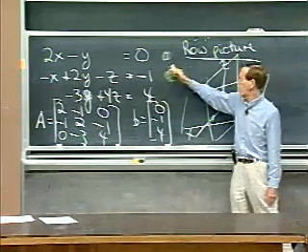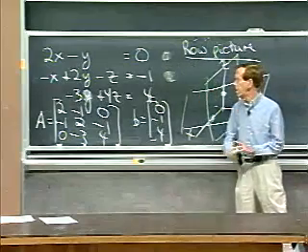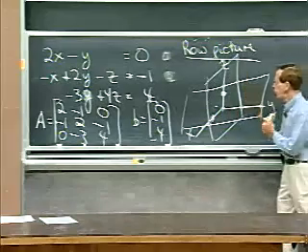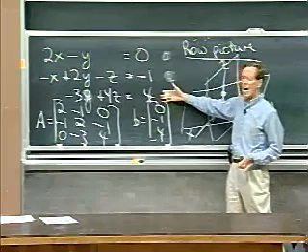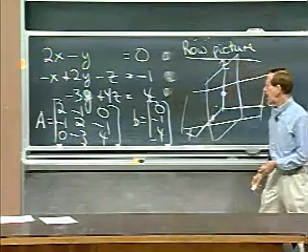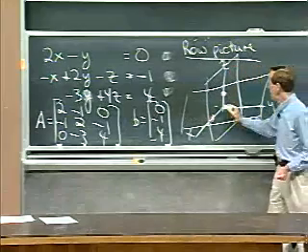So if I have 2 equations, just the first 2 equations in 3 dimensions, those give me a line, the line where those 2 planes meet. And now the third guy is a third plane, and it goes somewhere.